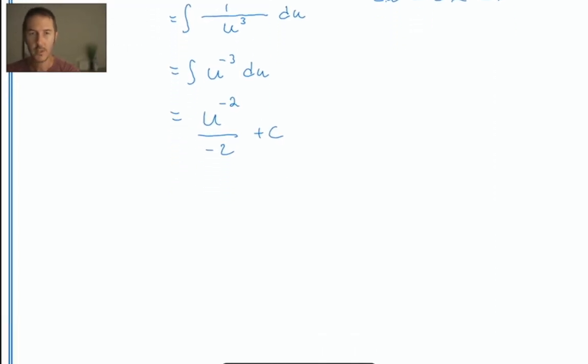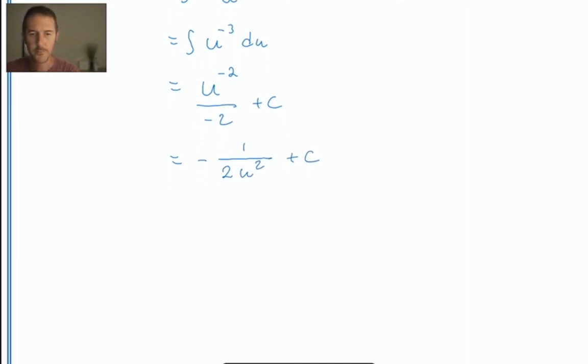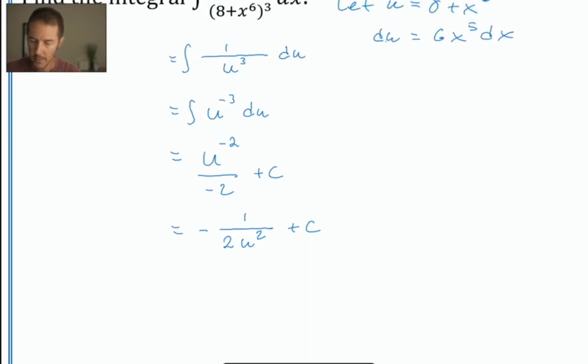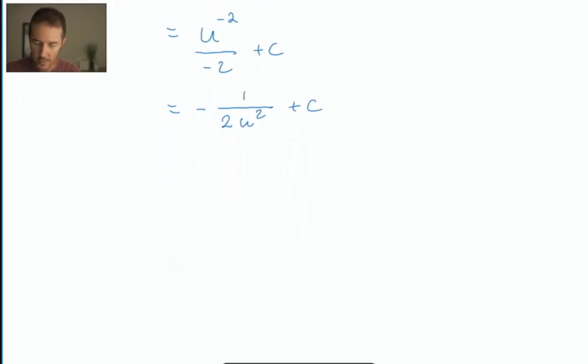From here, there's a little bit of wiggle room as far as how we rewrite this. You could leave it like this and make your back substitution. You might want to write this as negative 1 over 2u squared plus c. And at this point, or in the previous statement up here, we can make our back substitution. u is equal to 8 plus x to the 6.